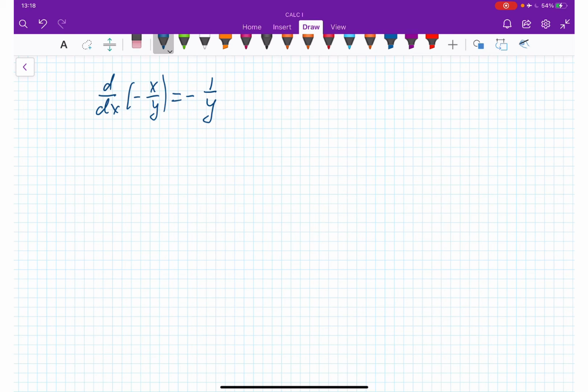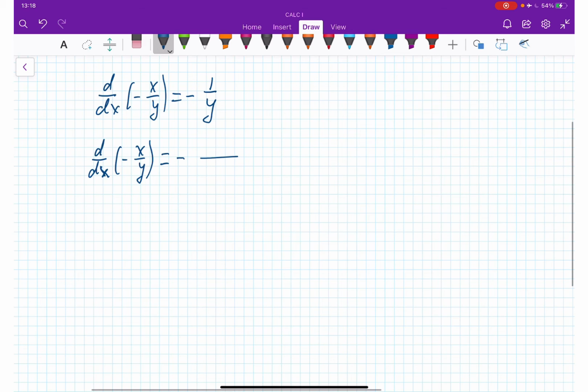Some derivative calculators will give you such a result. Other calculators for d by dx of negative x over y will give you the following result.